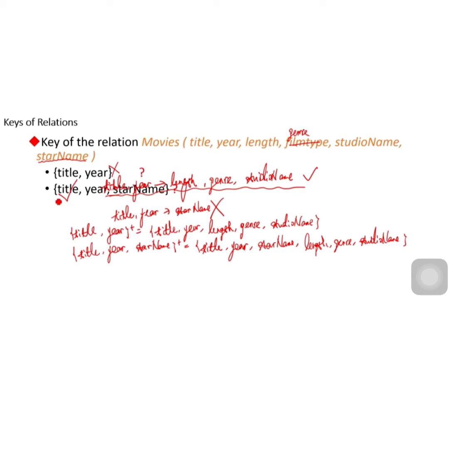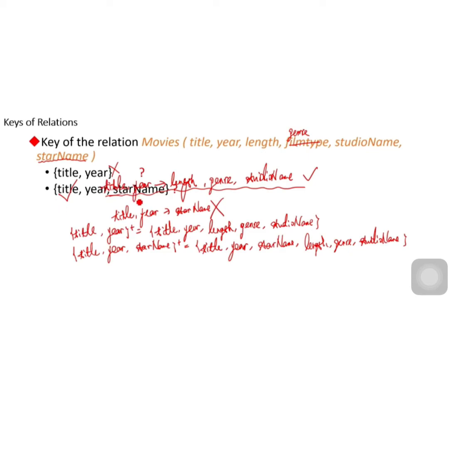Because if we delete any one attribute from the set, the closure of the set is not the set of all attributes. So it's a minimal superkey, so title, year, star name is a key.